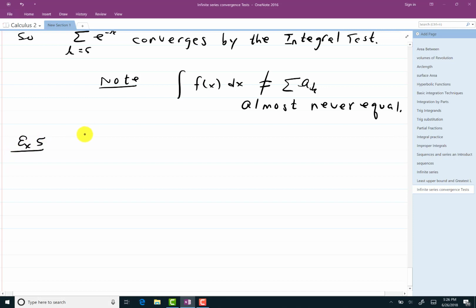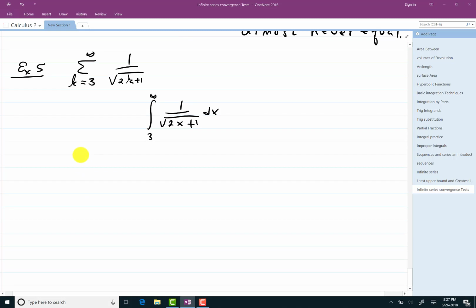Here I'm going to look at the sum from k equals 3 to infinity of 1 over the square root of 2k plus 1. And so immediately I'll go to the integral from 3 to infinity of 1 over the square root of 2x plus 1. Well, in this integral, you would let u equal 2x plus 1, then 1/2 of du would equal dx. So I've got this piece covered.